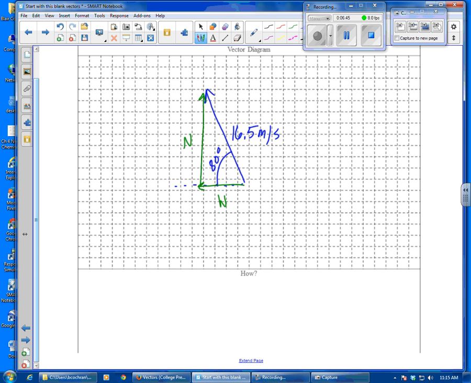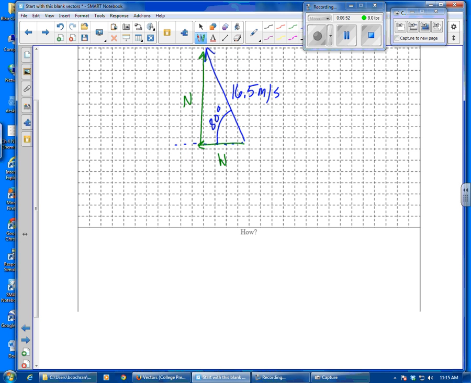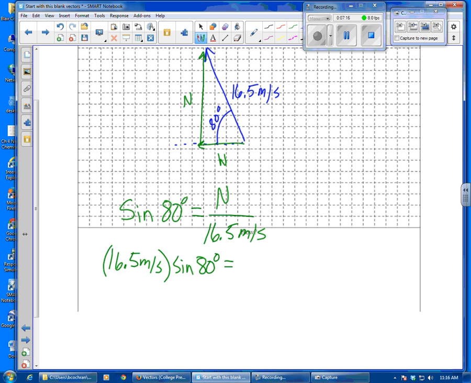So sine of 80 degrees equals opposite, which is north, over my hypotenuse of 16.5 meters per second. Rearrange that, I get 16.5 meters per second times sine of 80 degrees equals N. And then I can numerically solve that.